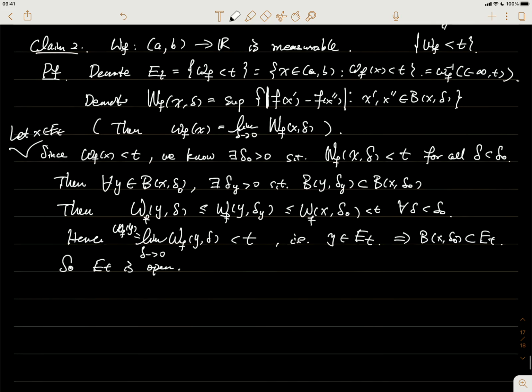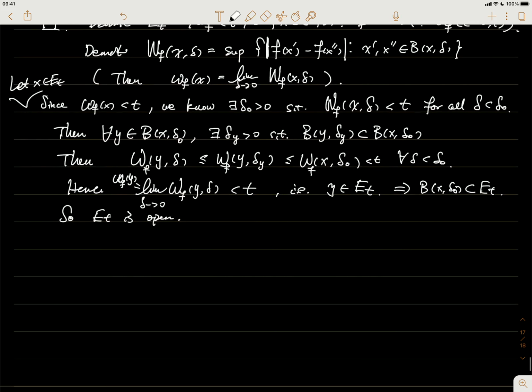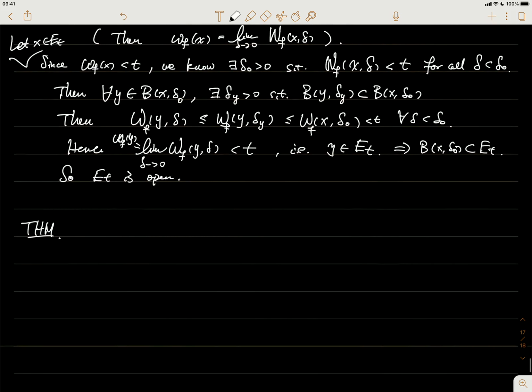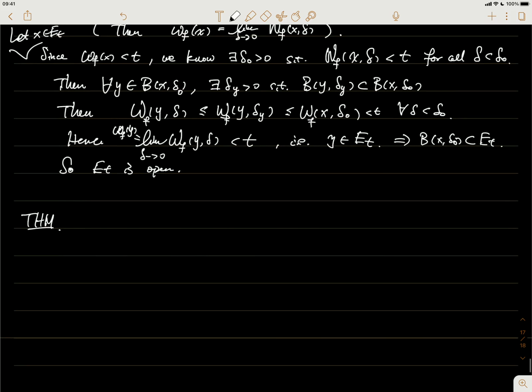Okay, so that's the last property that we need before we move on to show the relation between the Riemann integral and the Lebesgue integral. Here the theorem states the relation. Suppose f is Riemann integrable.